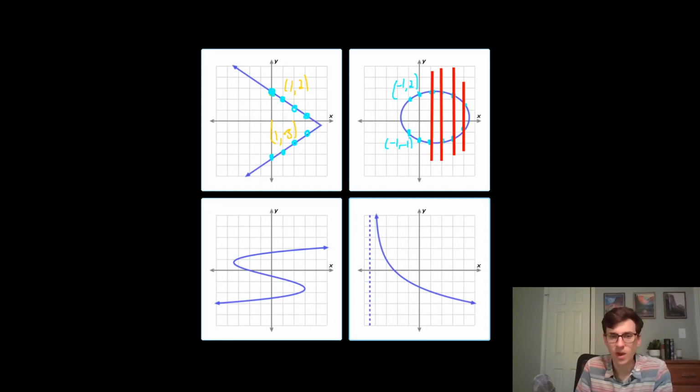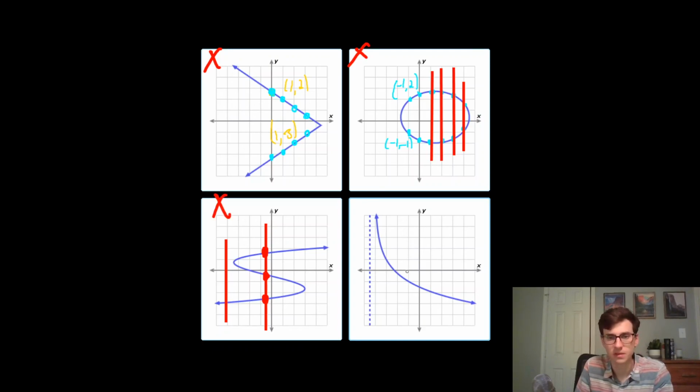Is there anywhere where I could draw a vertical line? I could draw a vertical line over here, and that only hits it 1 time. So that feels pretty good. But if I draw it right here, look, I'm hitting that function at 3 different points. So this is also not a function.